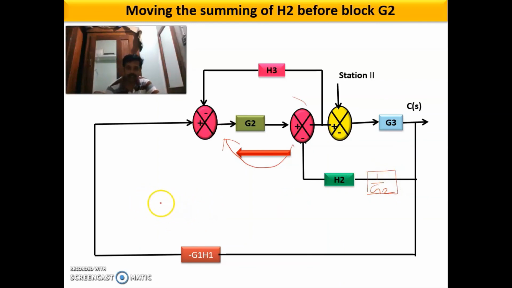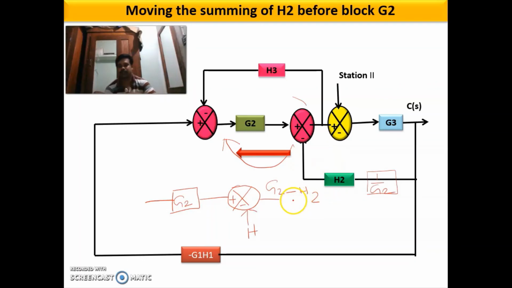This is G2 and this is your H. So here what we'll be getting is G2 minus H2, the output of this summing point before moving.